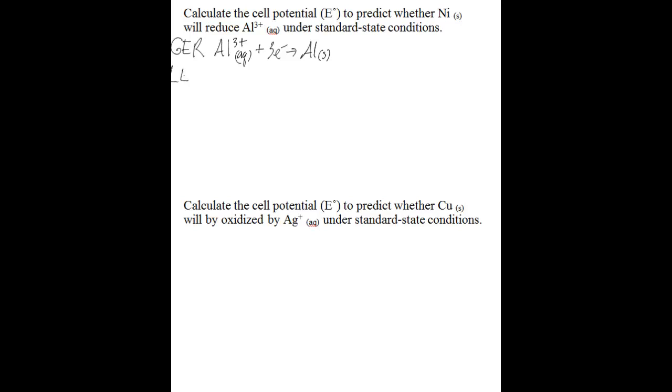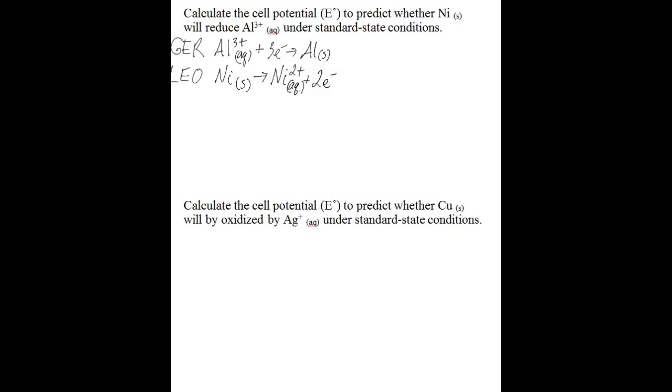So you're losing electrons during an oxidation. You have your nickel solid, and because you're losing electrons, the electrons will be part of the products. So when electrons are lost, you're left with a nickel cation plus 2 electrons, and that cation is in aqueous form.